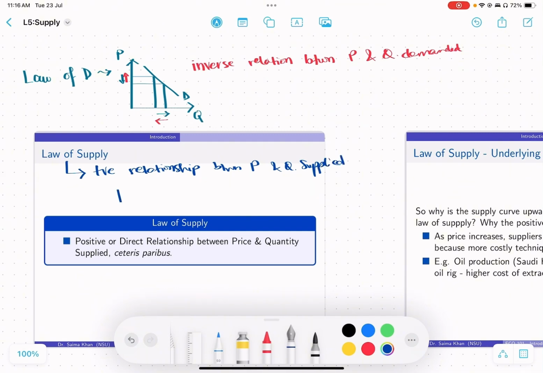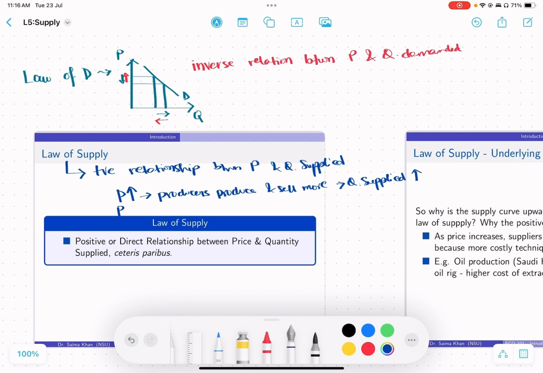So basically what we are saying is that if price goes up, then producers produce and sell more, which means that the quantity supplied goes up.